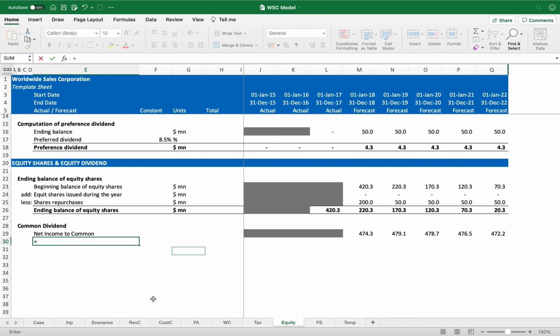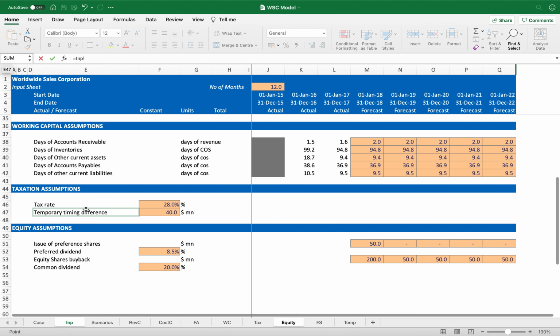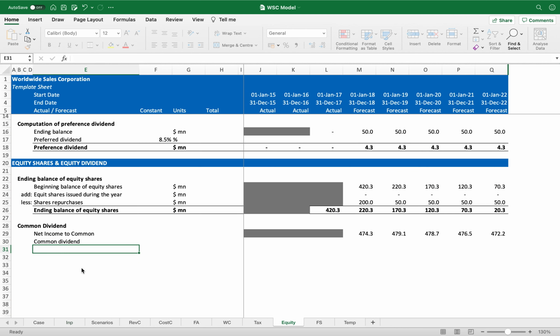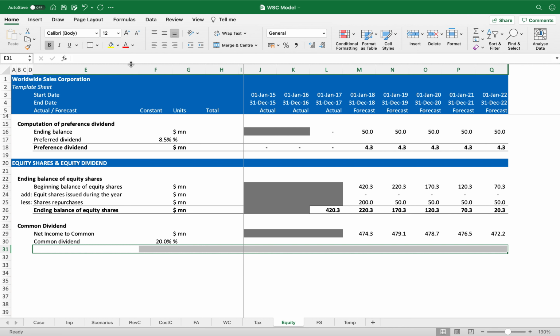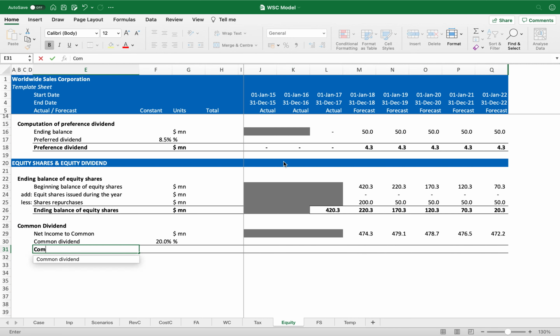Then what is the rate? 20%. And that's it. Common dividend in millions is simply your net income to common multiplied by 20%.